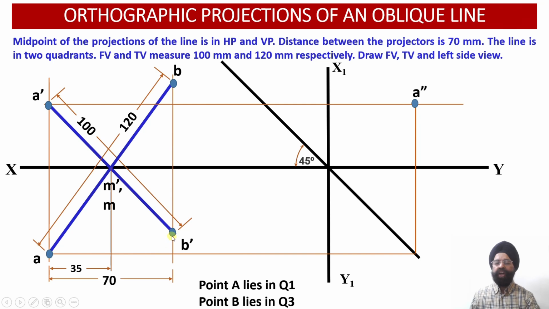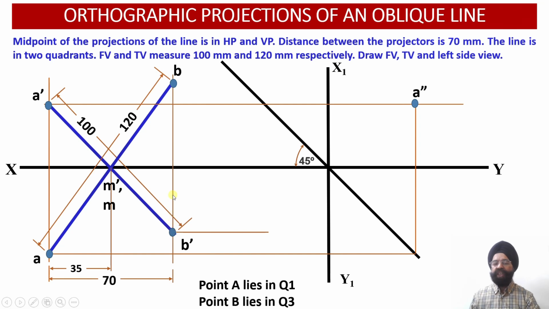Similarly, in order to locate the B double dash point, whatever was the location of the front view projection of the point B with respect to the horizontal plane, here we can check point B. It is lying this much distance below the horizontal plane.